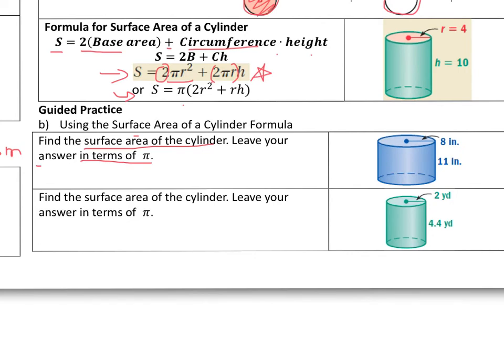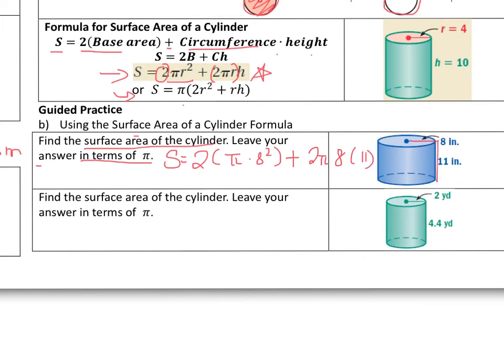So here we have S equals double the base area, which is pi times 8 squared, and then add the circumference 2 pi times 8 times the height of 11.